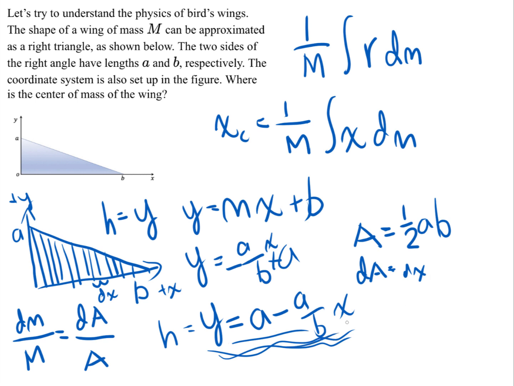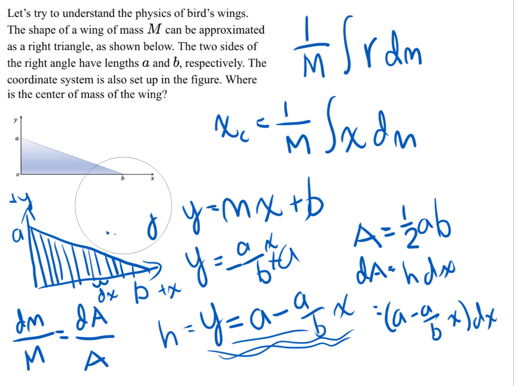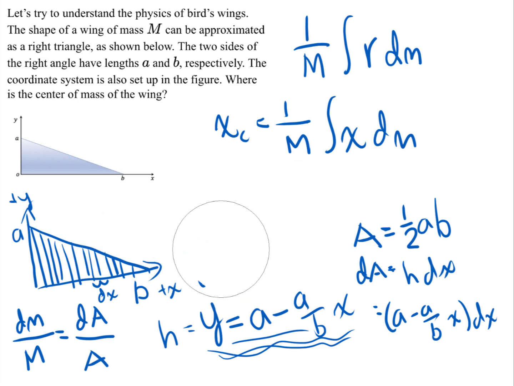So it's going to be h dx, where h, as we calculated here, is going to be a minus a over b x, times dx. And now we've actually got something that we can plug in. So I'm going to erase all of this to make some more space here.